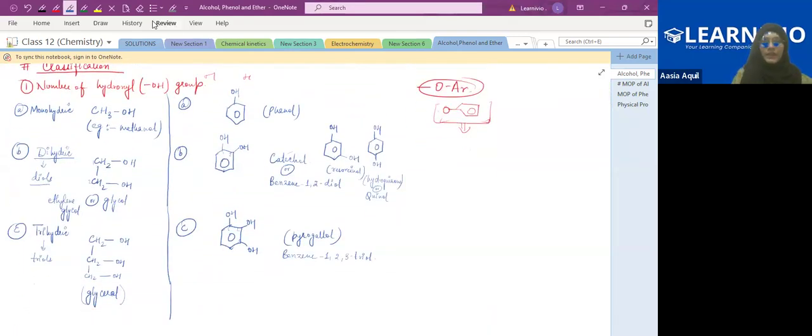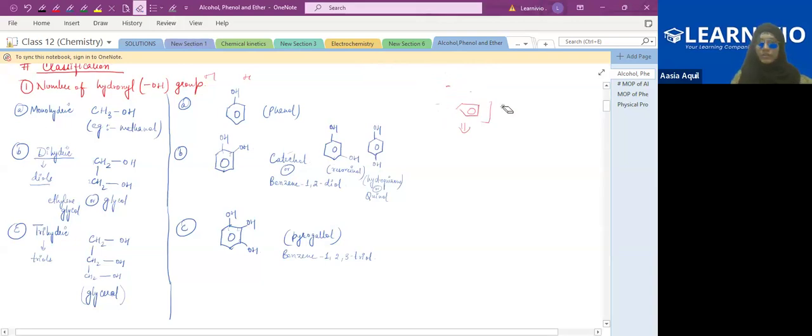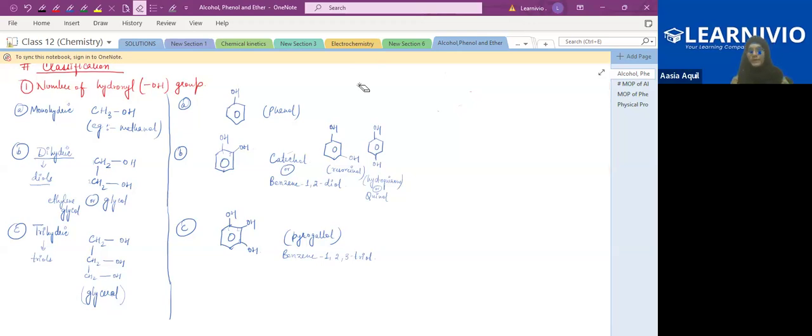Write down the next topic: classification based on the number of hydroxyl groups. How can we classify alcohols? On the basis of the number of hydroxyl groups. First one, monohydric alcohol.